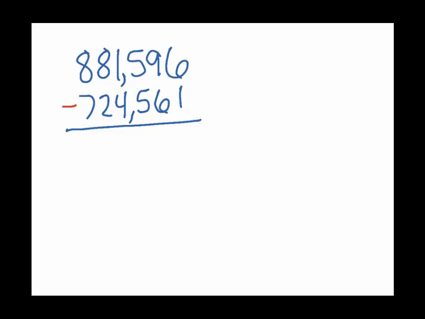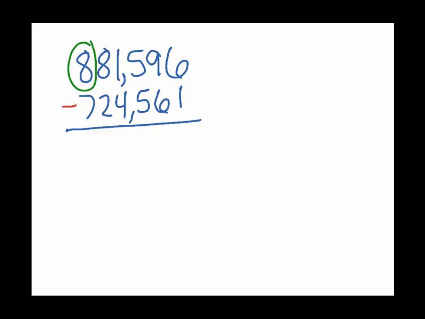In our last example, we used estimating or rounding to find the estimate of a sum. Now we're going to use rounding to find the estimate of a difference. So we're going to do subtraction. Let's look at the first number, 881,596. We want to look at the highest digit in place value. It's an 8.